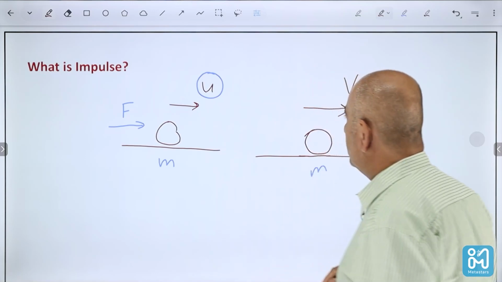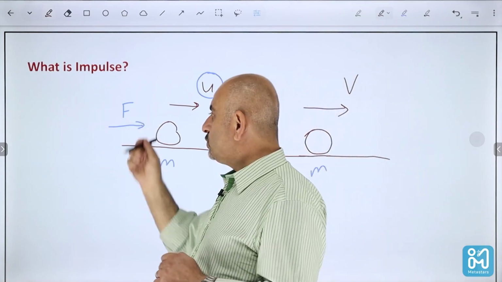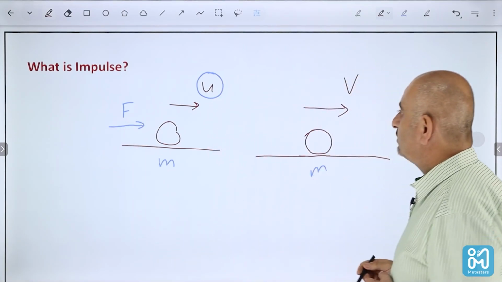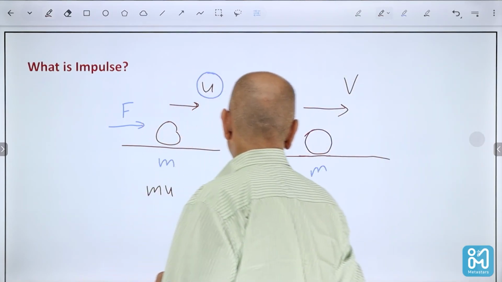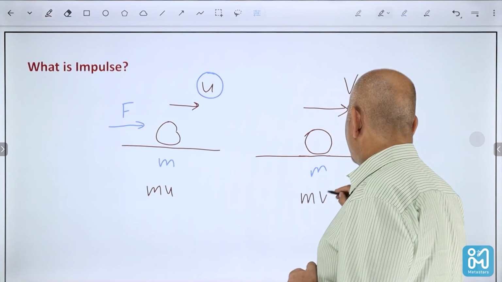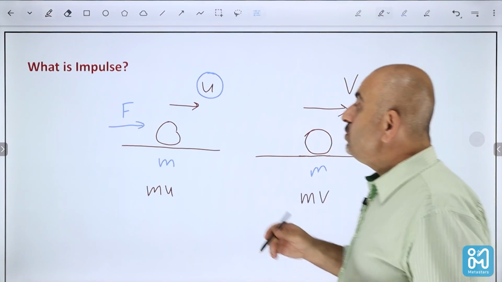All right. Now, by giving it that push or that kick, I have increased its momentum. So its momentum was mu, and now it is mv. I increased the momentum.